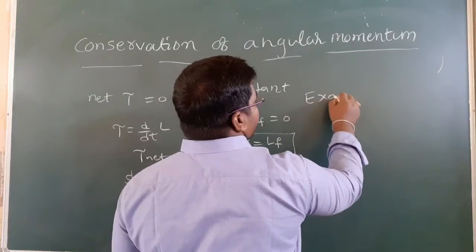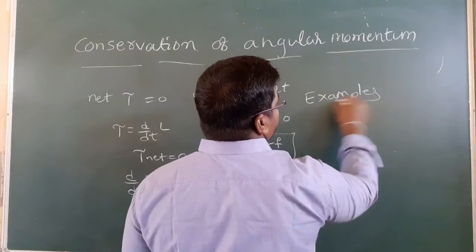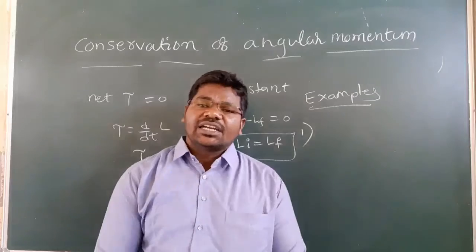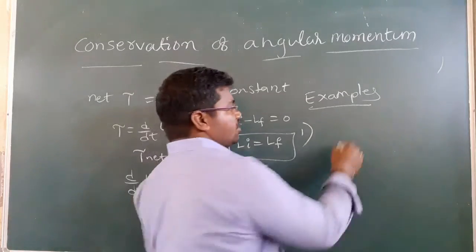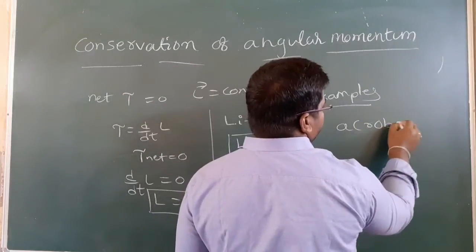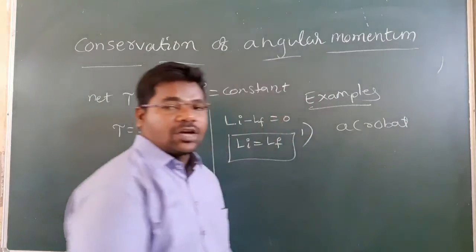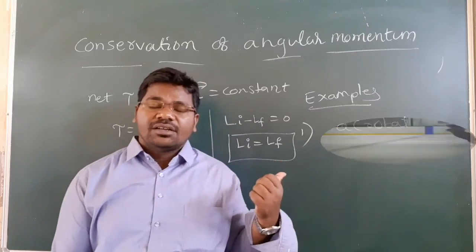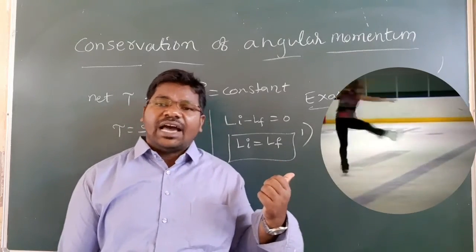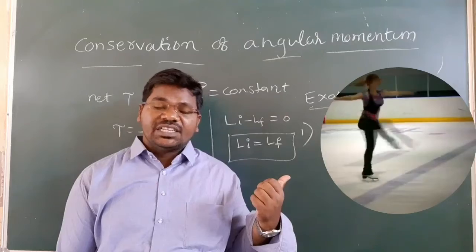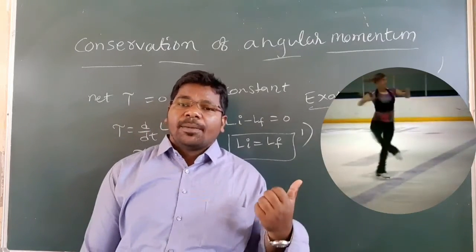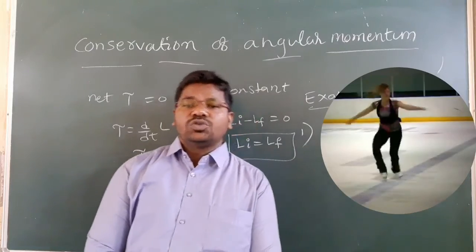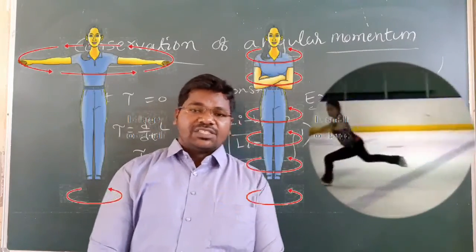Examples. First example, a circus acrobat. See here, my children. A circus acrobat performs feats involving spin by bringing her arms and legs close to her body or vice versa.